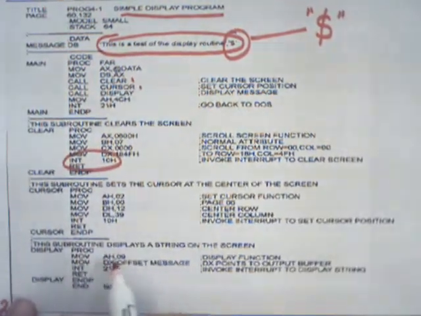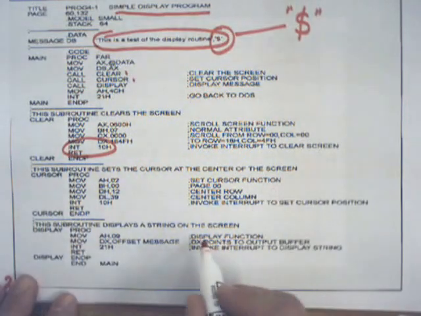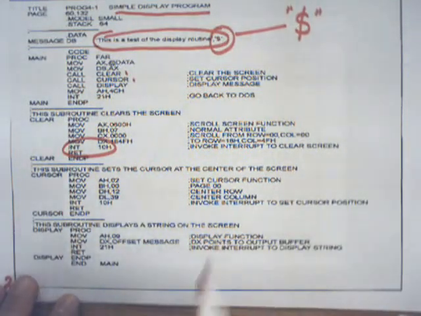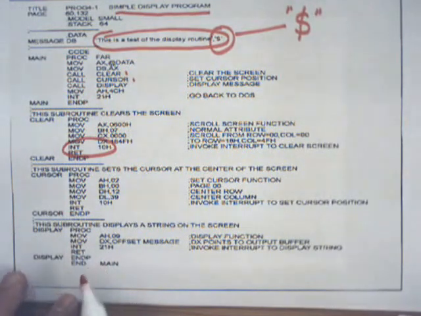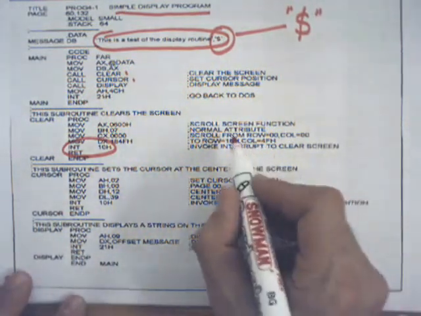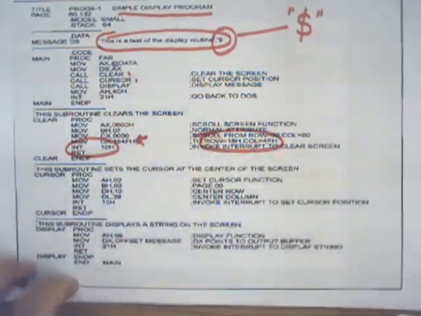Then we display this message at a specific location on the screen, which is row 18, column 4FH, set here in DX.